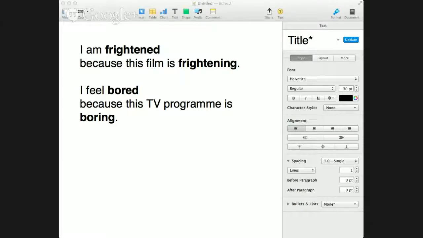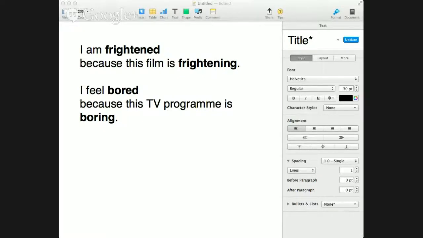Yeah, the ending with -ed could be just used for the moment that the feeling is, I know, in that moment. So the ending in -ing is a feature of what is the program or the film. Excellent, friend. That's a really great description.